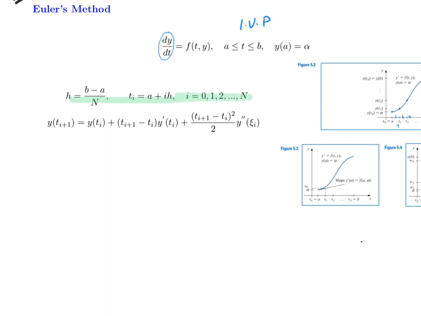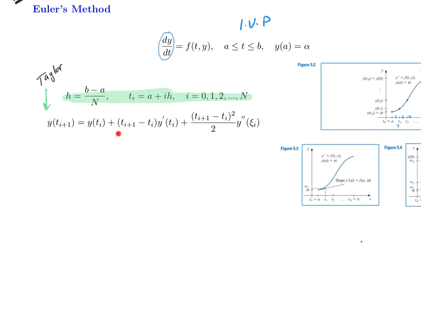All right. So we have used Taylor series in this class maybe 20 times. So we're going to use it 21 times now. If you apply a Taylor series expansion here, we will end up with this formula. Here we're expanding around t_i.